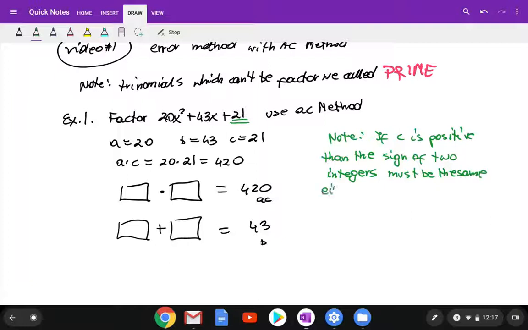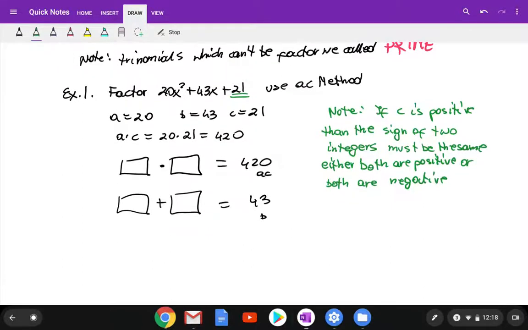So either both are positive or both are negative. Okay, so this is that trial and error method, and let's just add a little more to that.